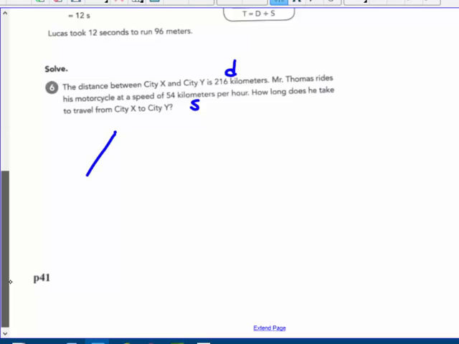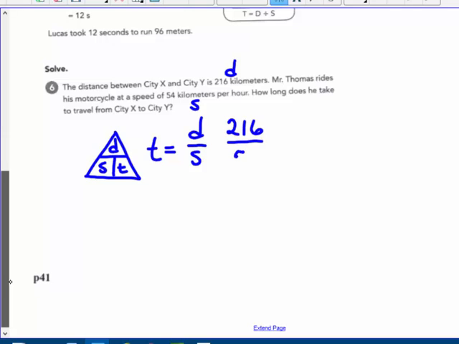Well, in my triangle, time is equal to distance divided by speed, right? So time equals distance divided by speed. My distance is 216. My speed is 54. So when I divide those, I get 4 hours.